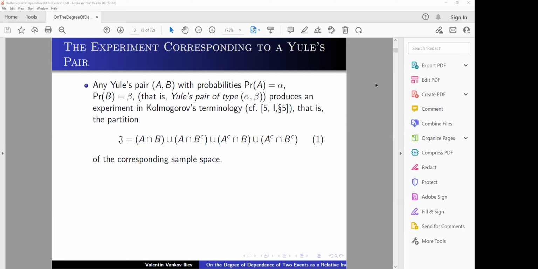And any such pair, using Kolmogorov's terminology, produces a partition of the sample space of that probability space. And in accord with Kolmogorov terminology, this is called an experiment.